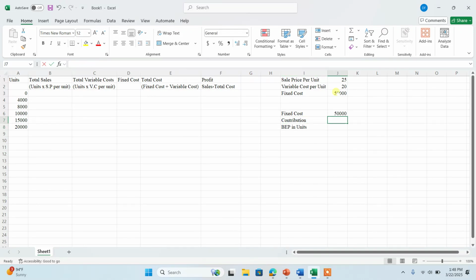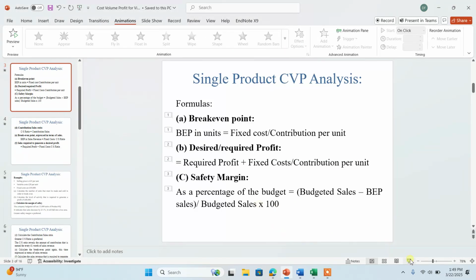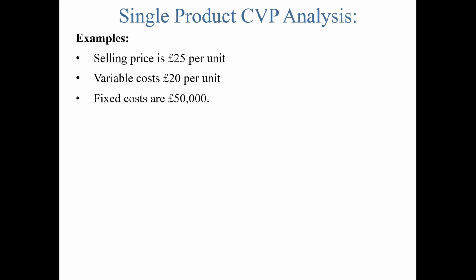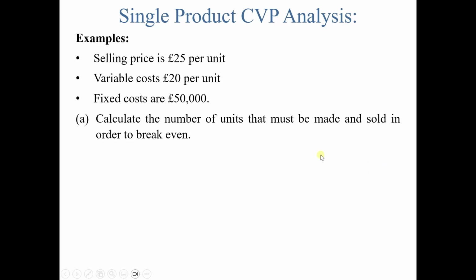The formula for contribution per unit is sale price per unit minus the variable cost per unit. So this is my contribution per unit, and this is the fixed cost. Now I can put the values into the break-even point. 50,000 divided by contribution, which is 5, gives 10,000. So this is my first requirement, to calculate the number of units where my profit is equal to zero.